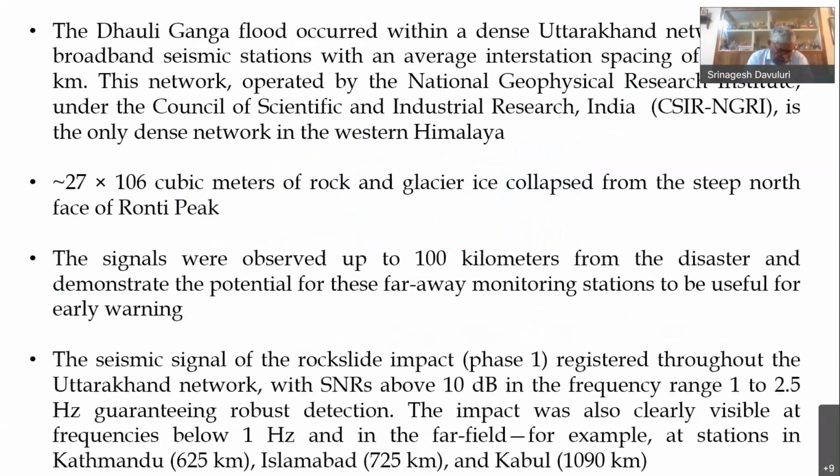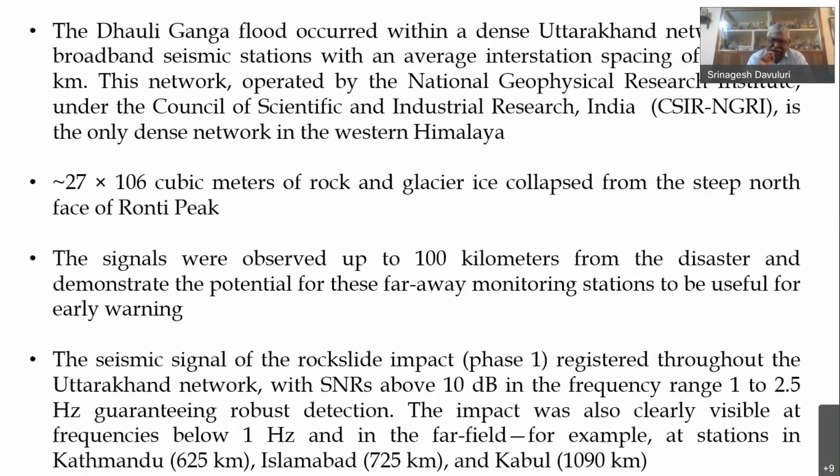So if we now go to the Dhauli-Ganga flood, which occurred, as you all know, in the month of February. This occurred within the dense Uttarakhand network of 76 broadband stations operated by the National Geophysical Research Institute, with an interstation spacing of about 18 kilometers, plus or minus 7 kilometers.